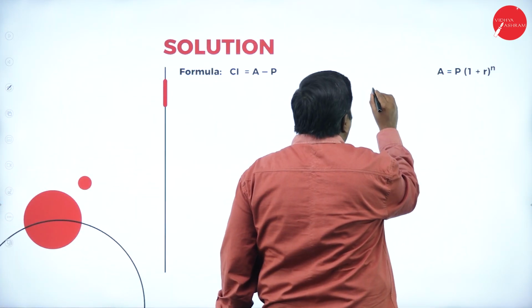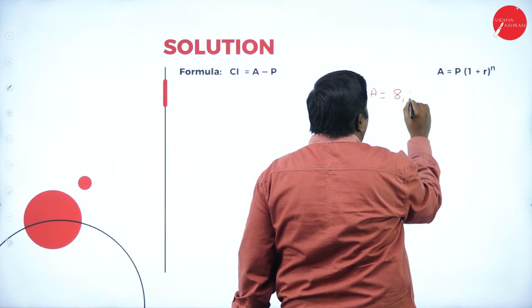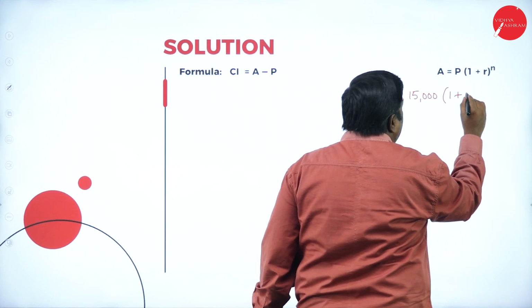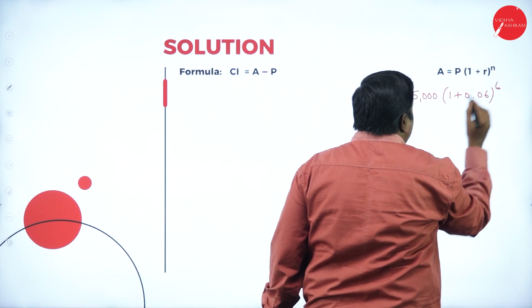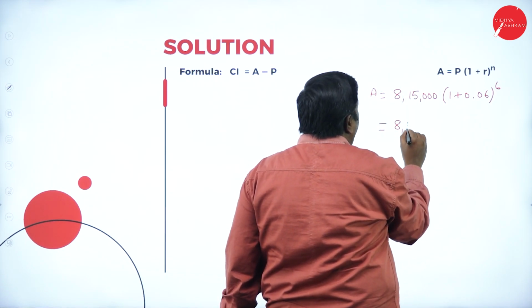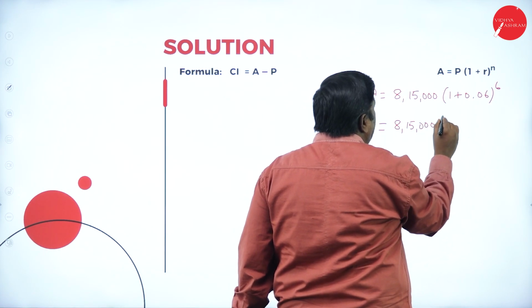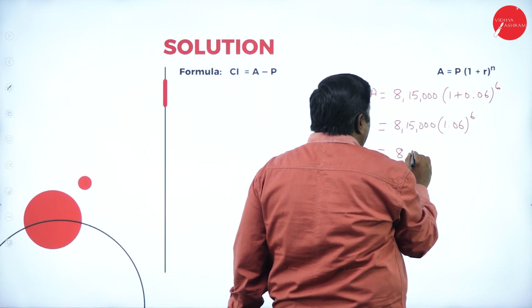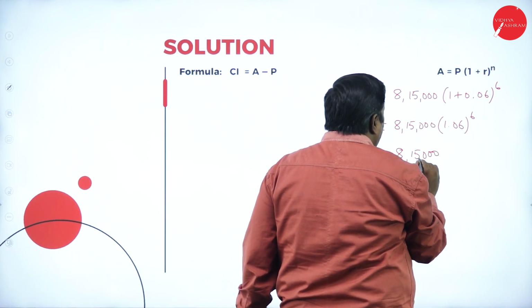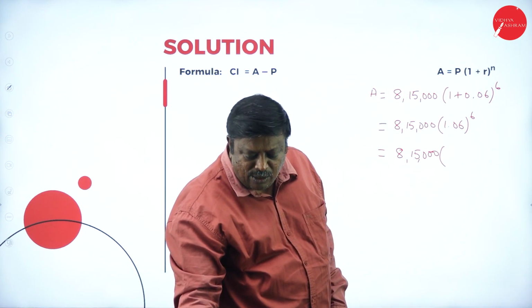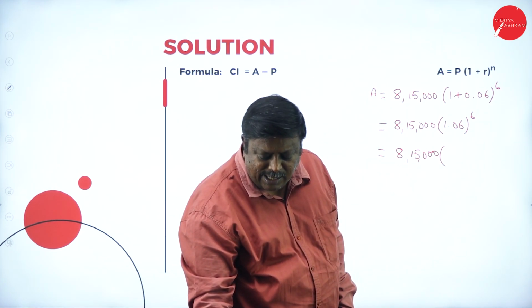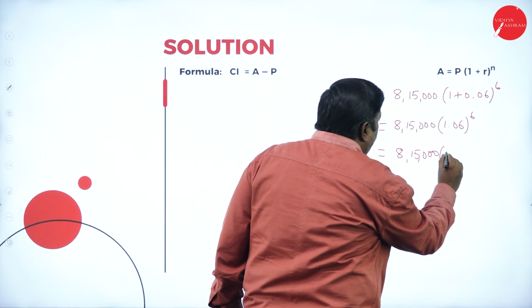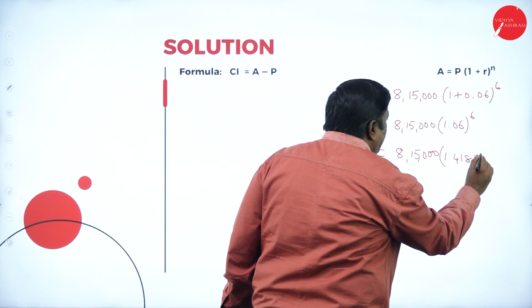So now annuity equals 8,15,000 into 1 plus 0.06 to the power of 6, that is 8,15,000 into 1.06 to the power of 6, which is 1.4185.